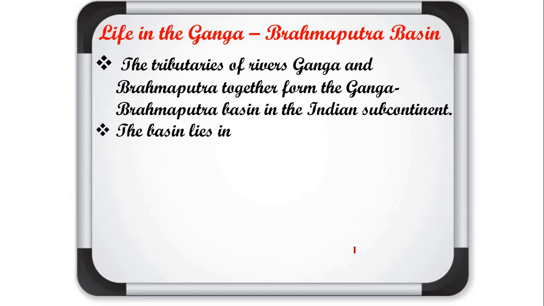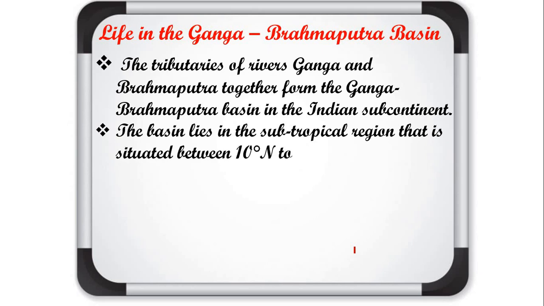If we talk about the location of this basin, the basin lies in the subtropical region that is situated between 10 degree north to 30 degree north latitudes. Latitudes are the imaginary lines which run from west to east on the earth.